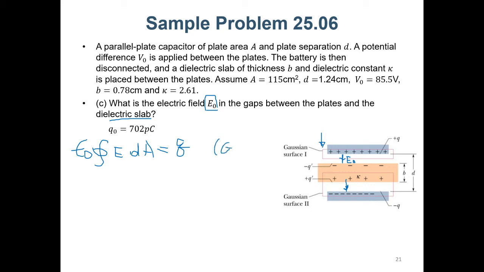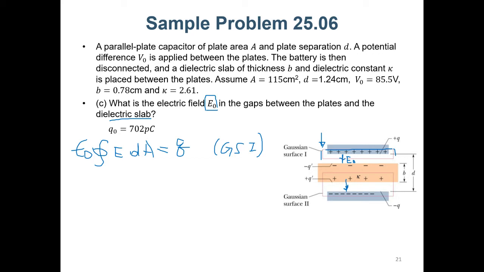For Gauss surface 1, we have positive Q here. And then it should be nothing but E0 A, because there will be no flux through the upper surface and the left and the right.